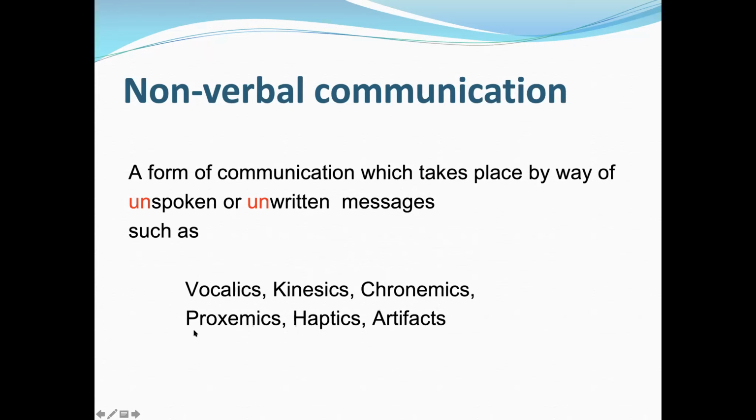Proxemics is space, haptics is touching, and artifacts is your surroundings, for example jewelry or any kind of clothing, the surrounding information. Those 6 categories form the set of nonverbal ways of human communication. So let's take a close look at them one by one.